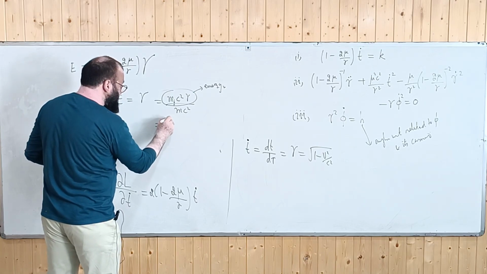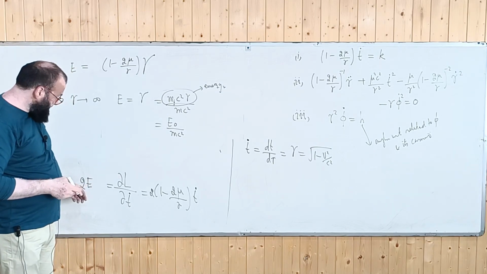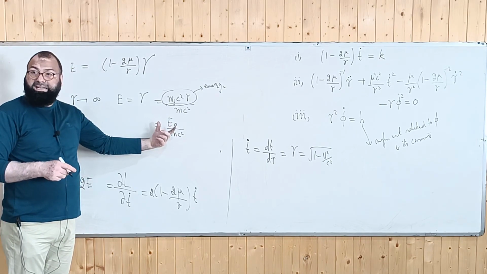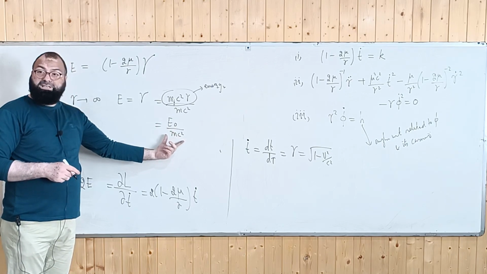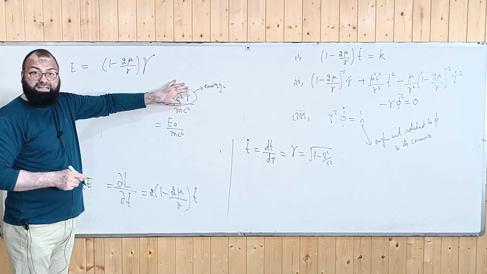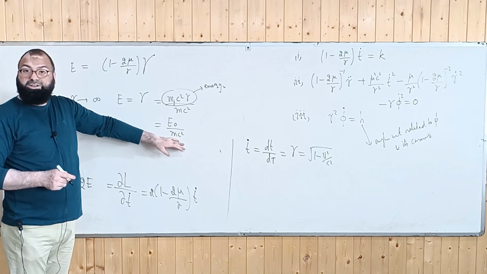Let's call that energy E naught. So this E has the interpretation of energy. Although it is not purely energy, it is energy per unit rest mass. This is the energy of the particle, and you are dividing it by the rest mass of that very particle.